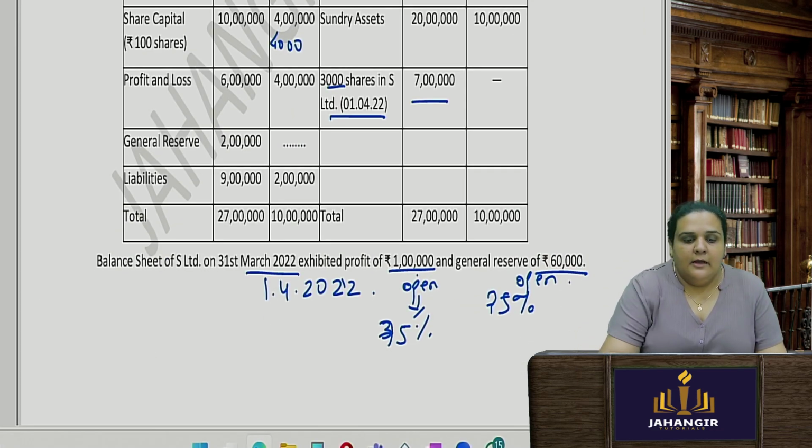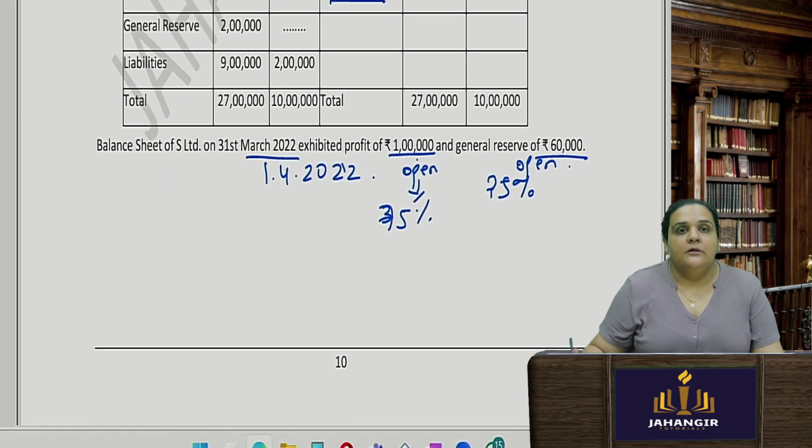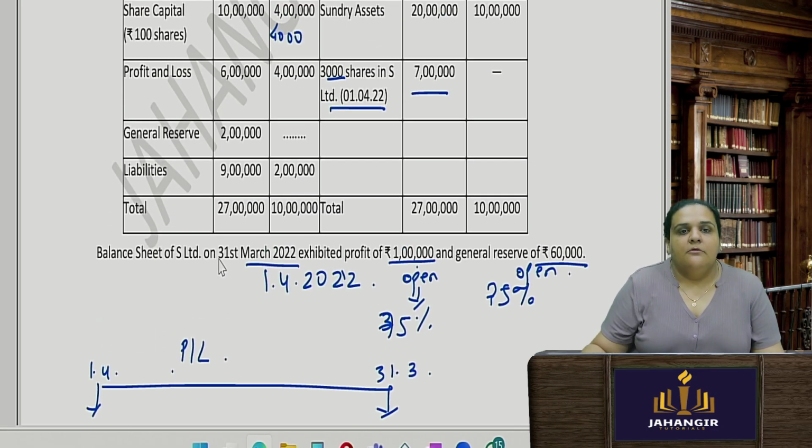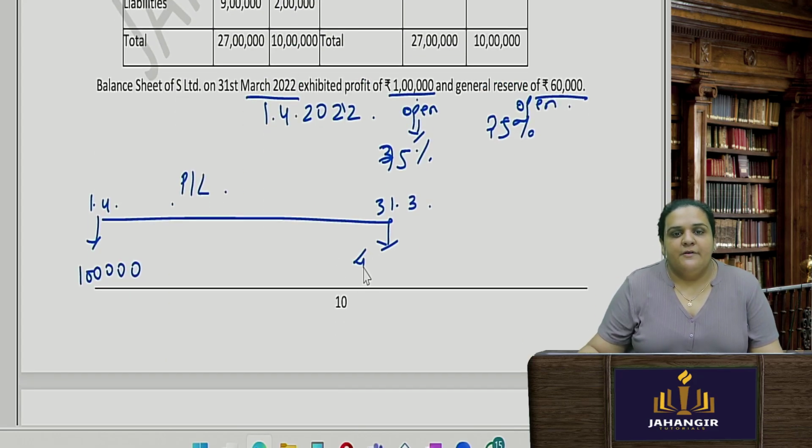Right? Now we have to do the P&L first. 1st of April, 31st of March. 1st of April we started at 1 lakh and we are closing at 4 lakhs. So if we are closing at 4 lakhs, that means in the current year we made a profit of 3 lakhs.